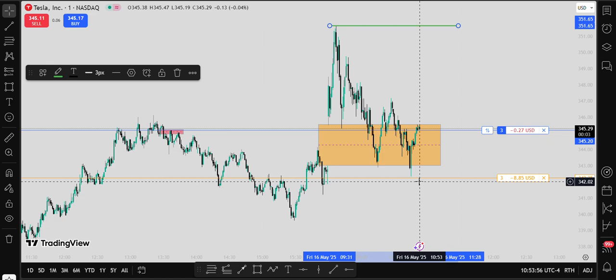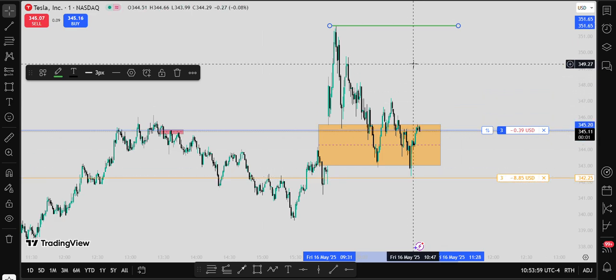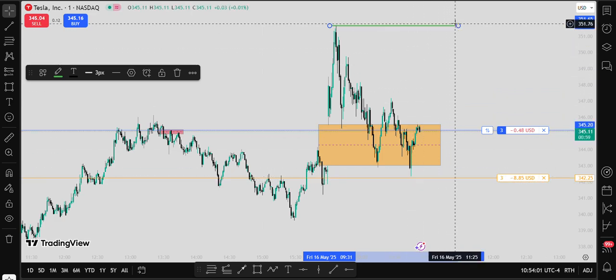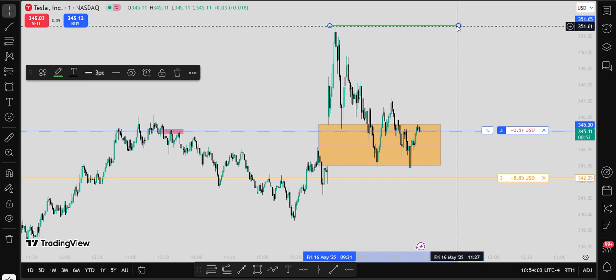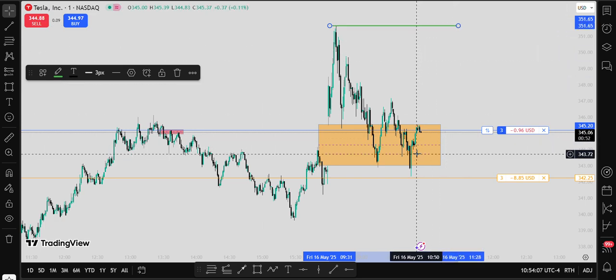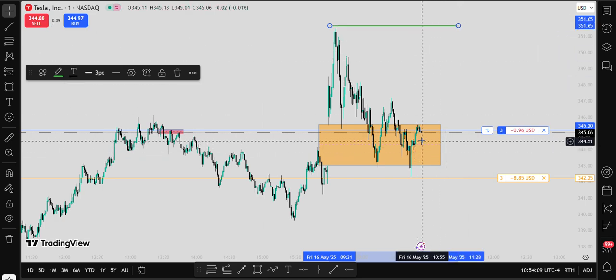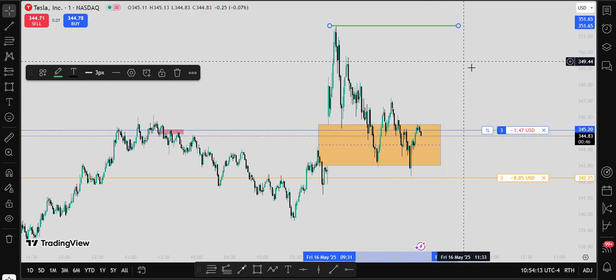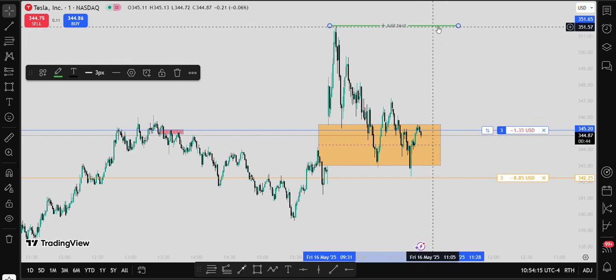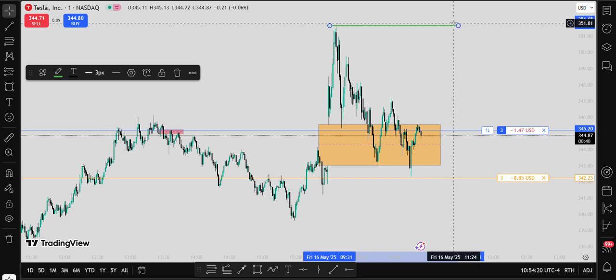This one, you see it came closer to my stop loss, but it didn't take it out. But I'm thinking that 351 is going to be taken out today. Right now it is 10:55 New York time, and I'm thinking before the end of today we are going to have taken this 351. This is going to be our target.